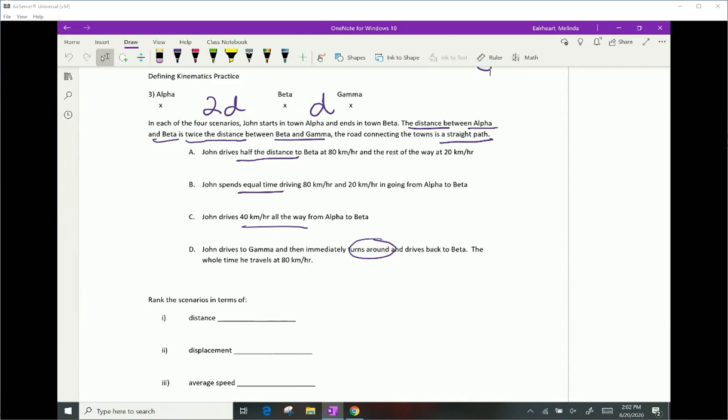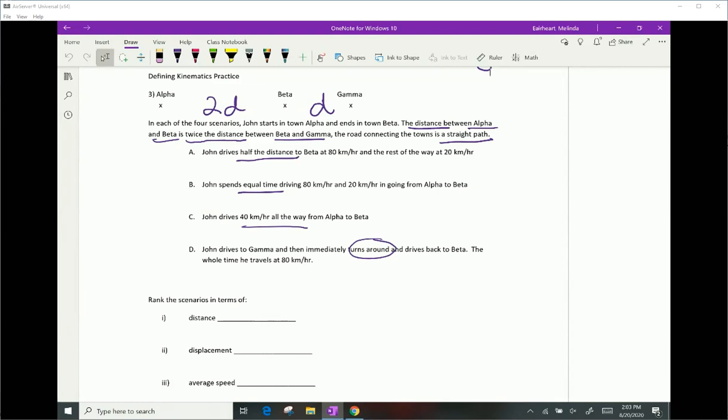And so we really need to acknowledge what the distance for all 4 scenarios is, the displacement, the speed, and the velocity. Scenario A says John drives half the distance, whatever it is, to beta, so D, at 80 kilometers per hour, and the rest of the way at 20 kilometers per hour.